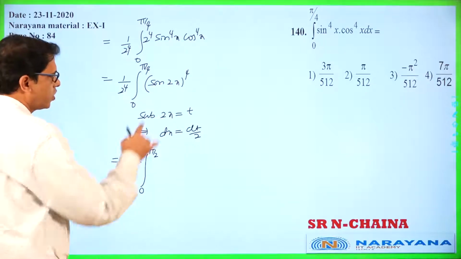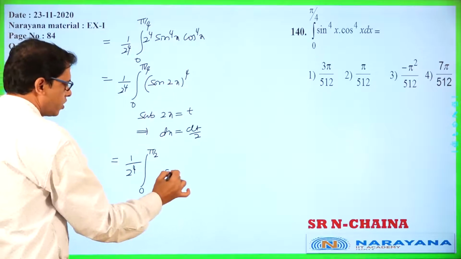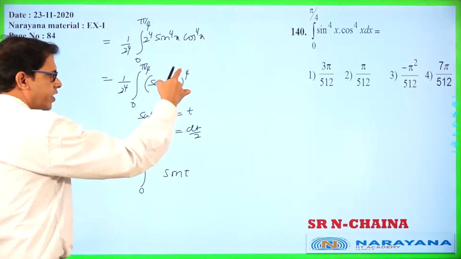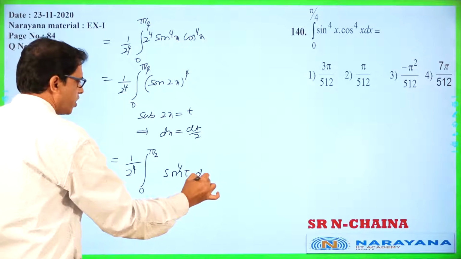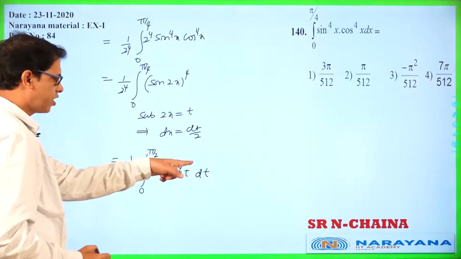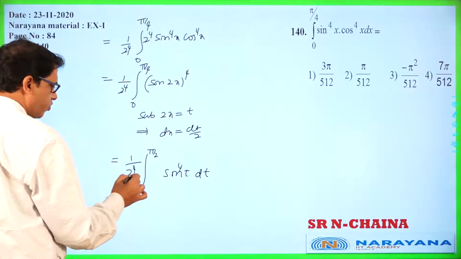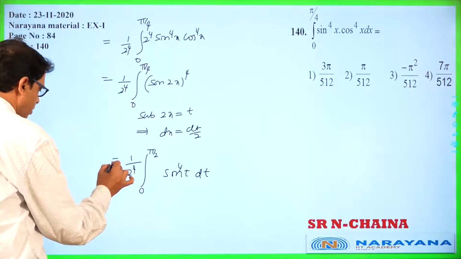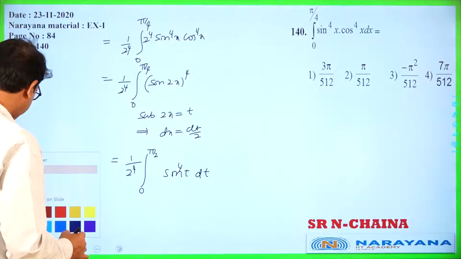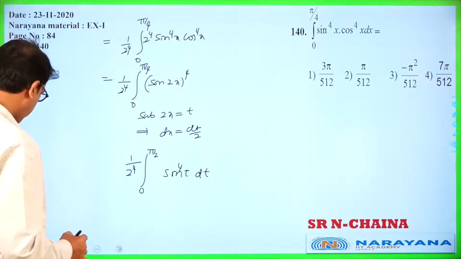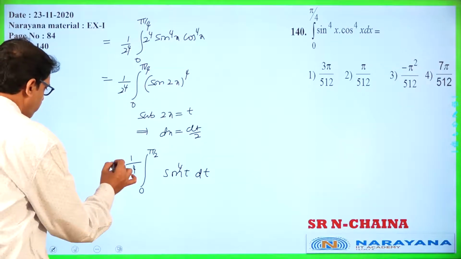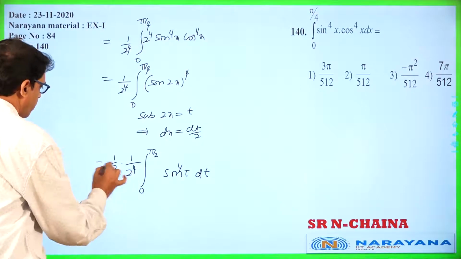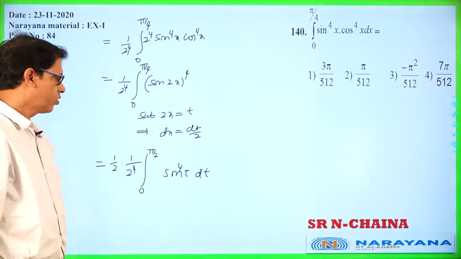The 2x value is t, so sin t, the index is 4, dt. dx value is dt by 2, so I am writing 1 by 2 outside, into 1 by 2 to the power 4.